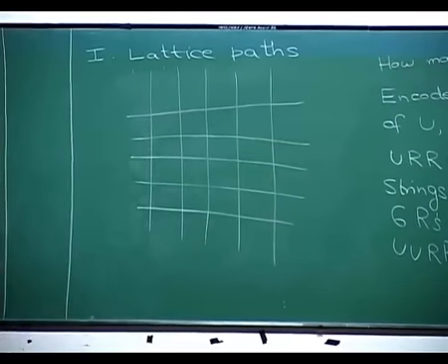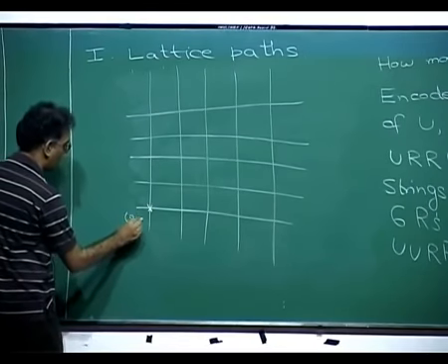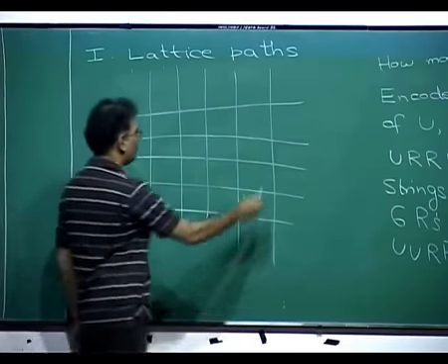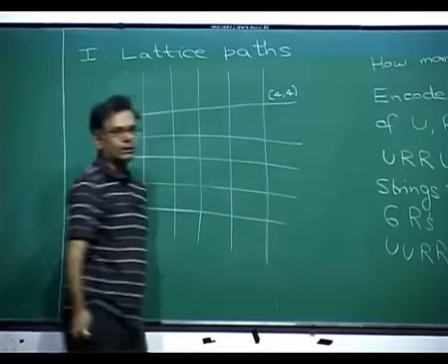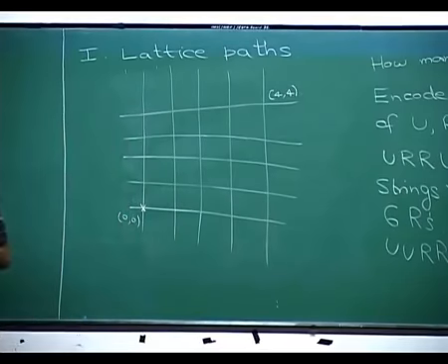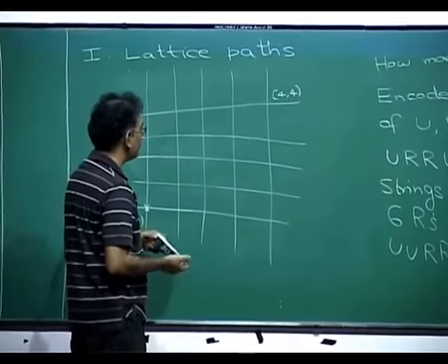So now let us say we want to go from 0, 0 to say the point 4, 4. We know the number of ways of doing that is 8 choose 4, right? M plus N is 8 and M or N are both 4. So 8 choose 4. Number of paths is 8 choose 4.